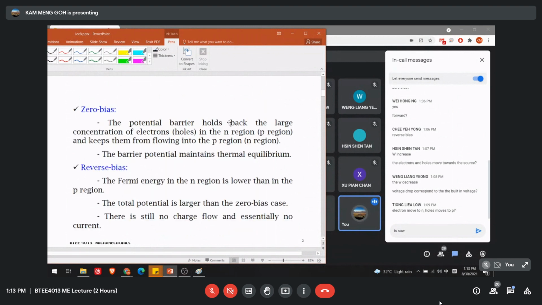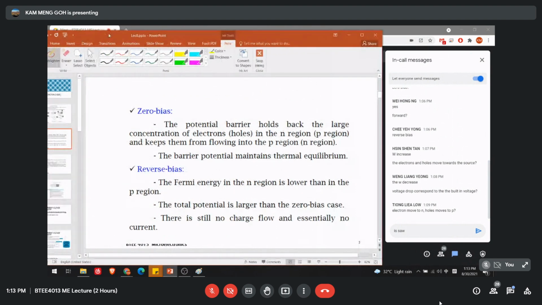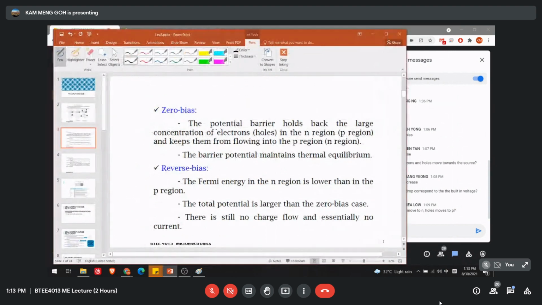So this one we know already. In the zero bias, everything is maintained, so no electron is flowing because the potential barrier is the VBI, as we know already. The potential barrier, VBI, will block the electron and the hole from flowing to each other.